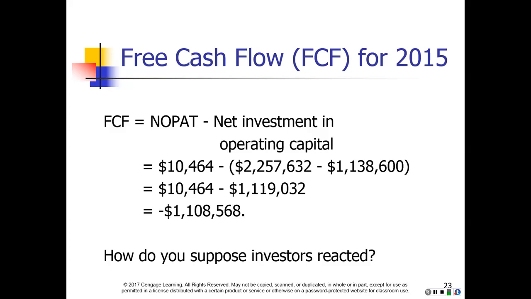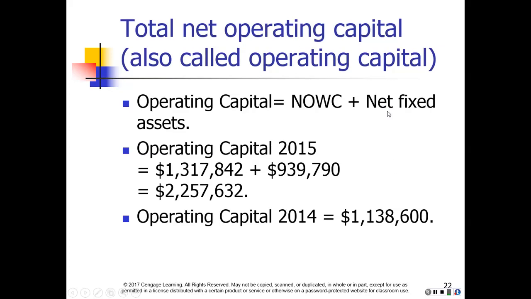So the free cash flow is basically NOPAT, calculated before, minus net investment in operating capital, which is the difference between the two years. So we go back, 2015 was 2.257 million, and 2014 was 1,138 million.